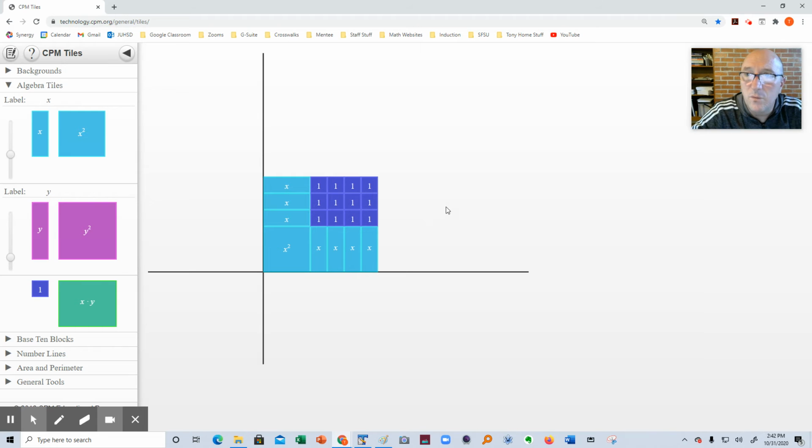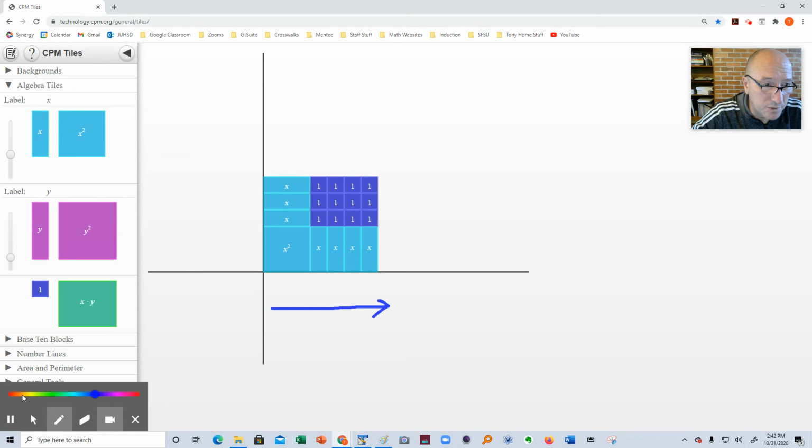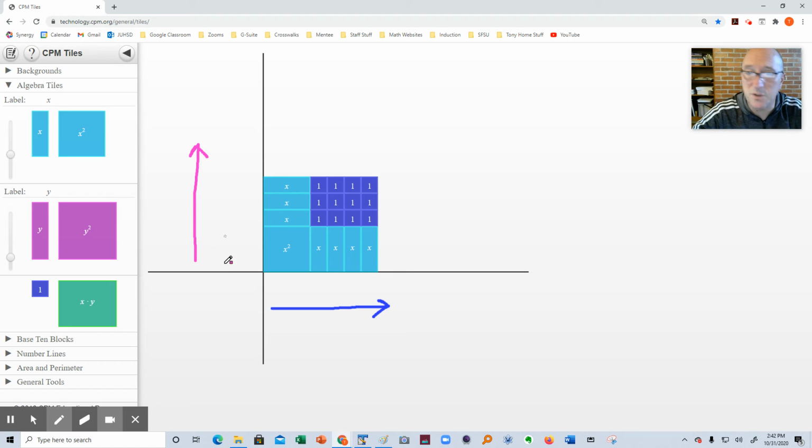Okay, so notice now what the dimensions of this rectangle are. We measure the dimensions down along the bottom here, and we measure the dimensions in this direction. I'm going to change the color here, and here. We measure in both of these directions.